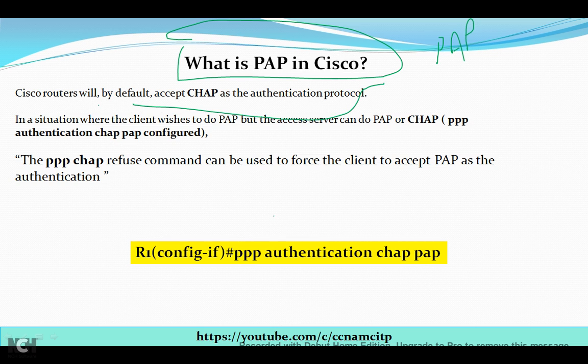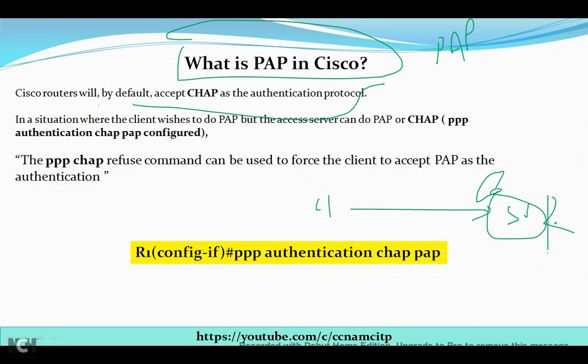But if we have a scenario where you are accessing a server, and that server has been configured as PAP or CHAP. For example, the same thing is mentioned here, in a situation where the client wishes to do PAP. Suppose I have a client here and this is a server.